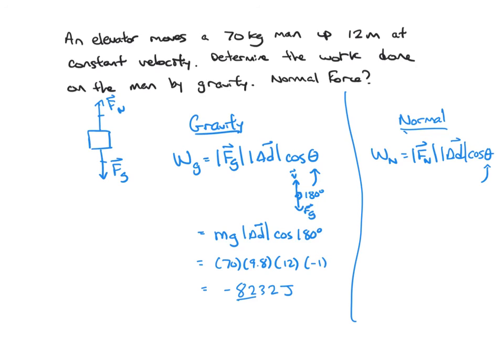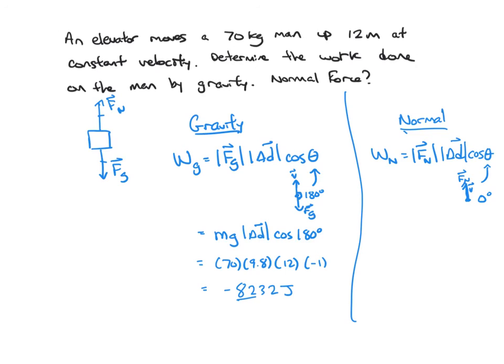Okay, so for the normal force, normal force points straight up. And the object is also moving straight up. So what's the angle between those two arrows? Well, it's 0 degrees.